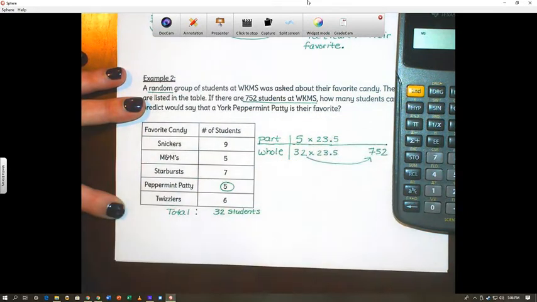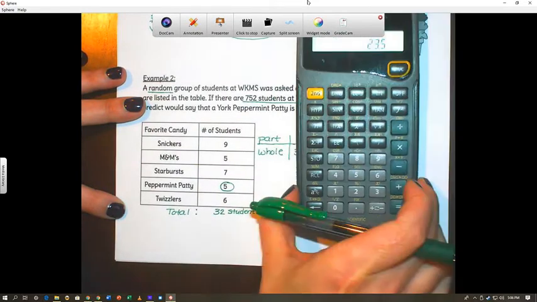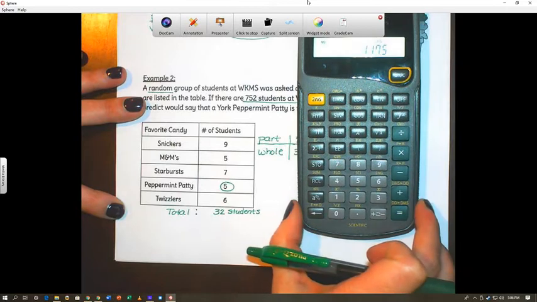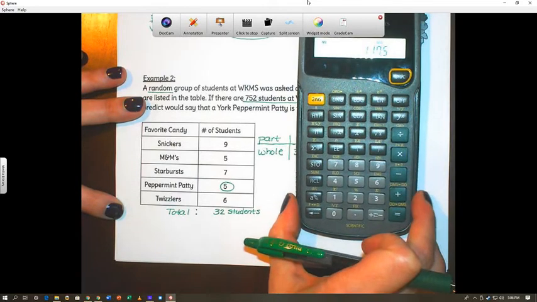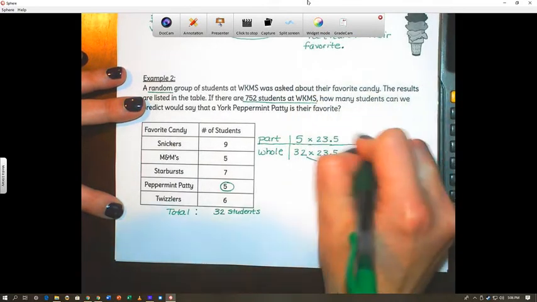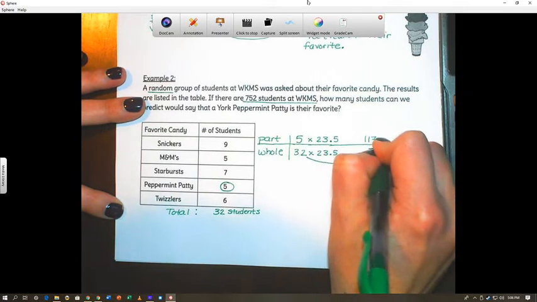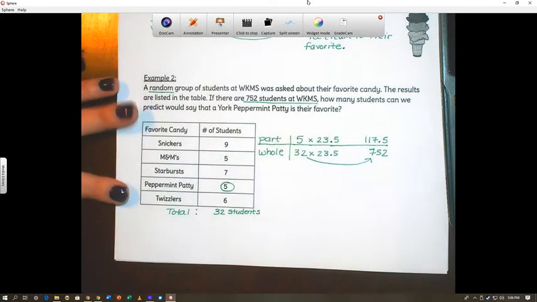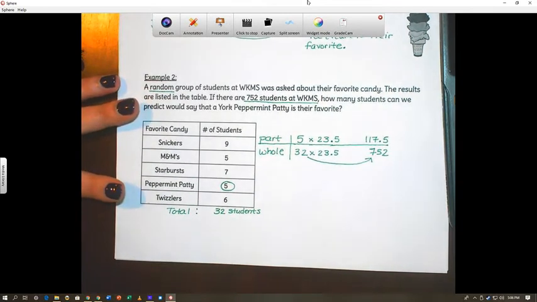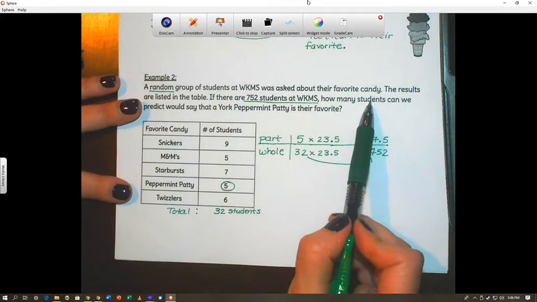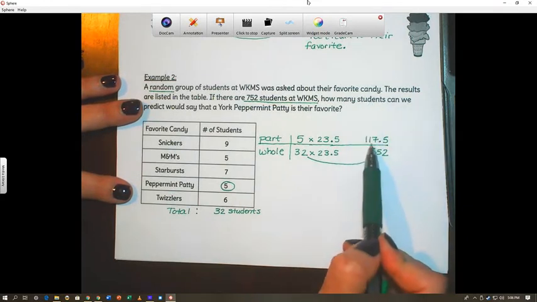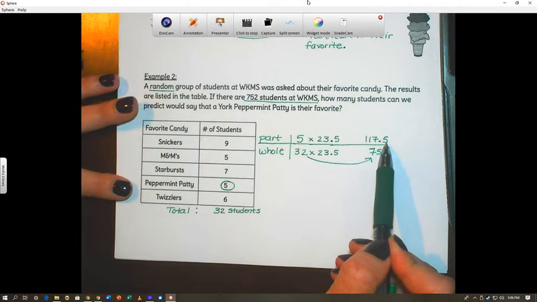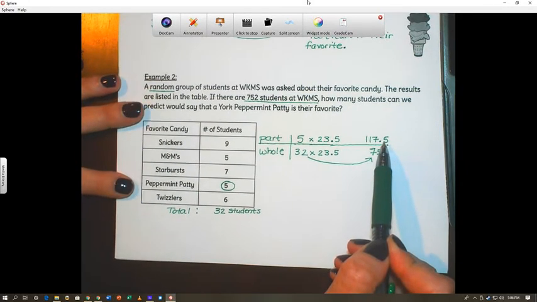If I multiply that by 5, I get 117.5. Well, we're looking for the number of students. Does 117.5 make sense? Can we have half of a student? No.